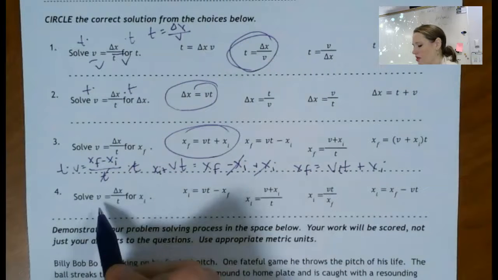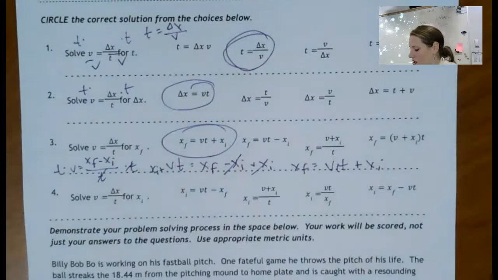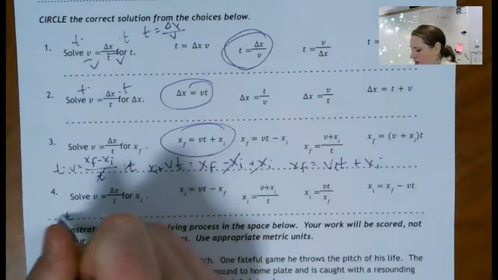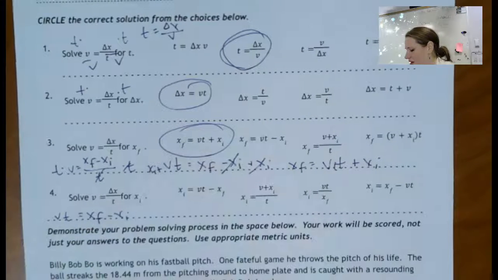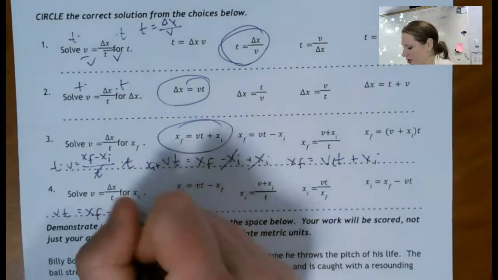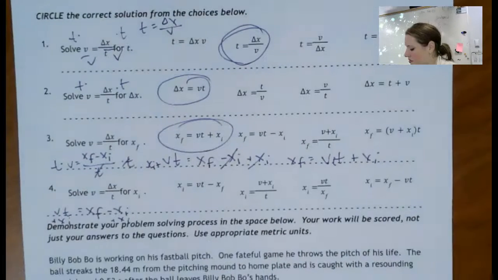This last one, velocity is equal to displacement divided by time. I want to solve for initial position. So basically I've got the same math, so I'm going to skip a step here. Velocity times time is equal to final position minus initial position. This one I've got a negative sign to contend with, so I am going to move it over to the other side just so that I get everything into the positive.